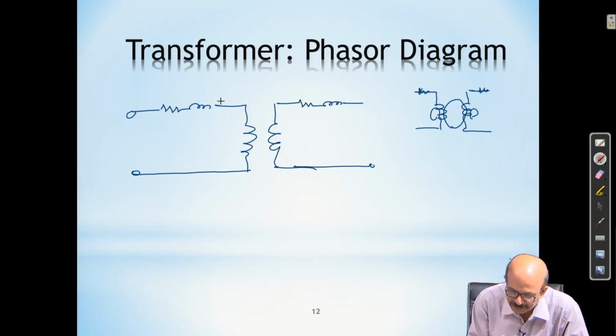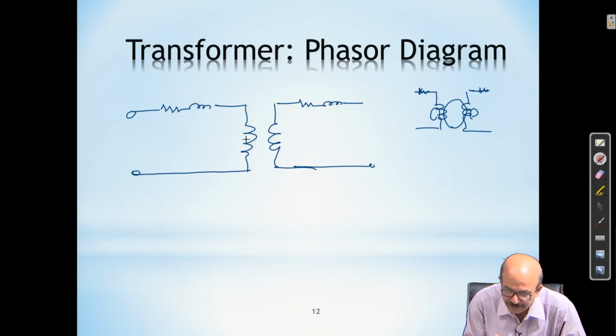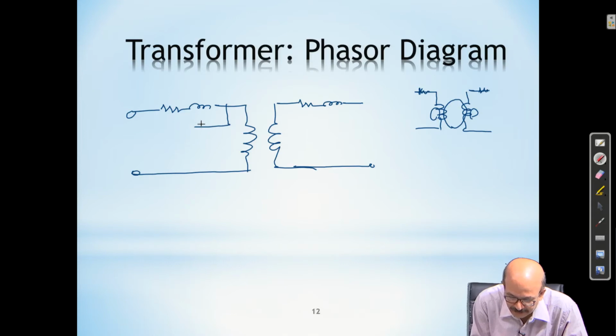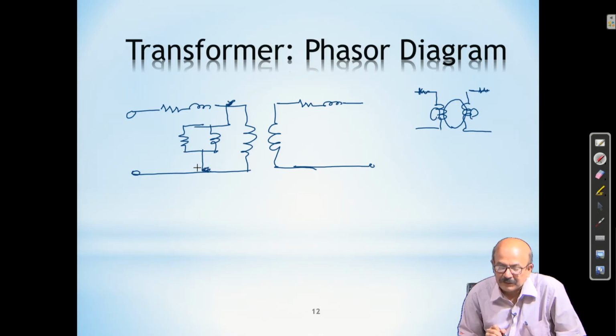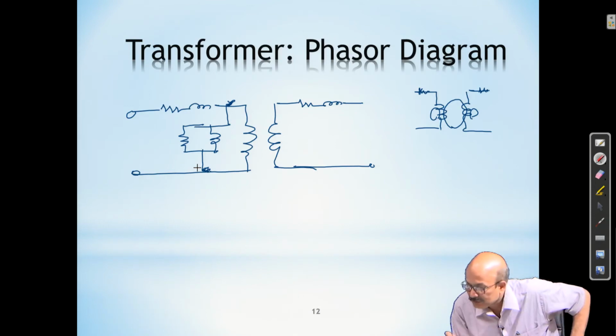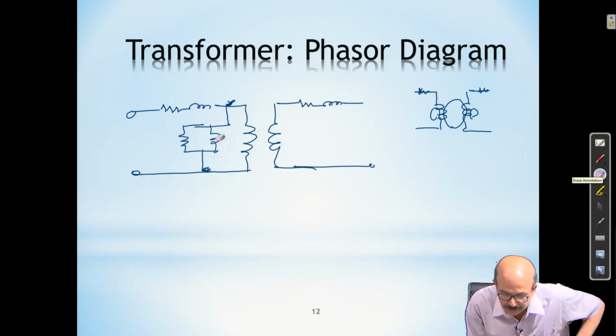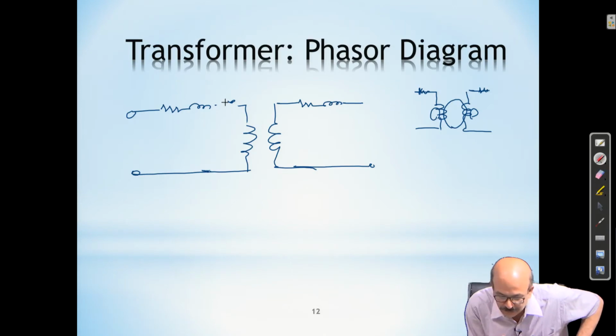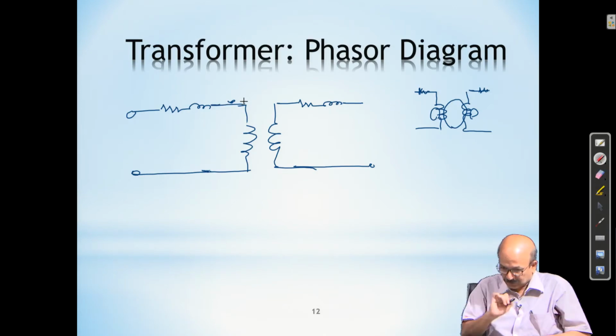If I put it here, then you have to consider some component here, and something like this here. If I do not put that for the time being, then this is the equivalent circuit of a transformer.